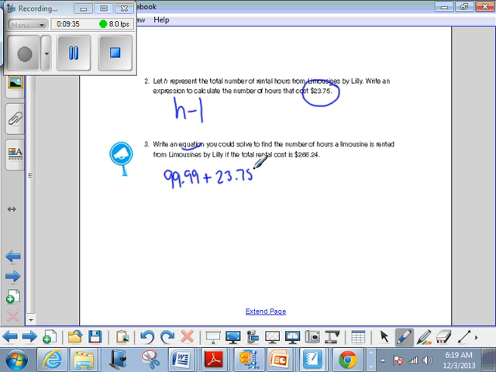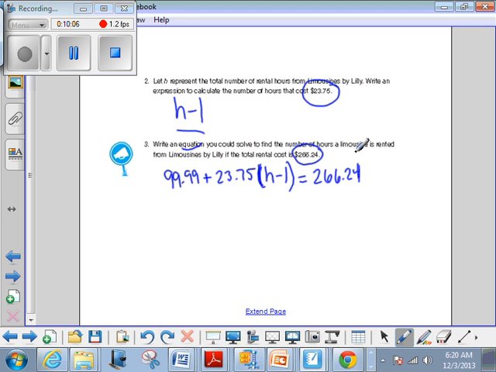Now, this is what we're trying to find. We're not trying to find the total cost. Now we're trying to find how many hours we're renting for a cost of $266.24. So here's where we would put, we're trying to find out how many hours minus the first hour it takes to charge $266.24.